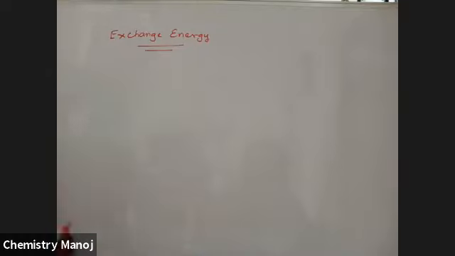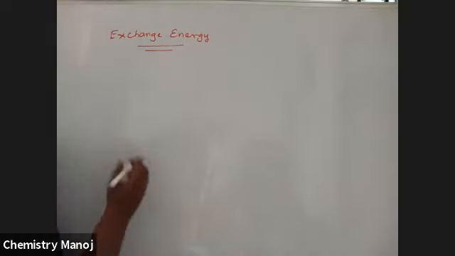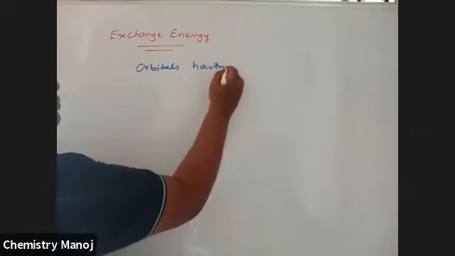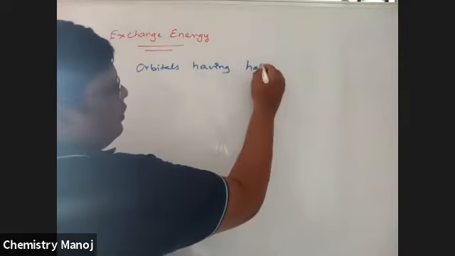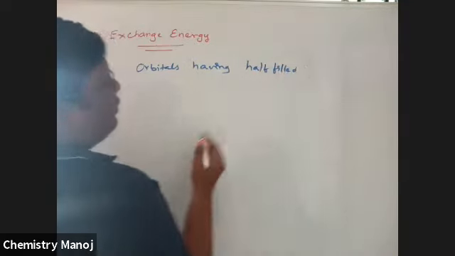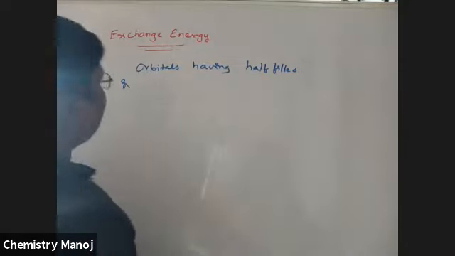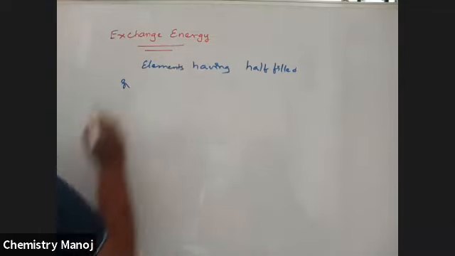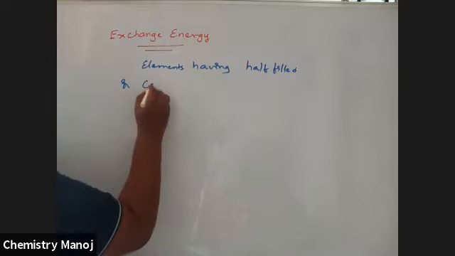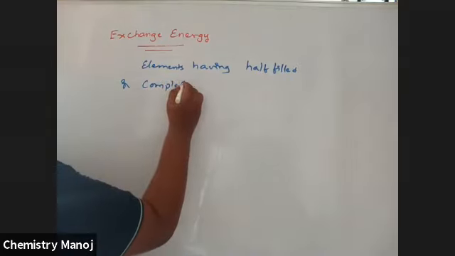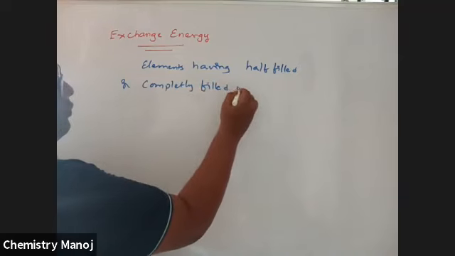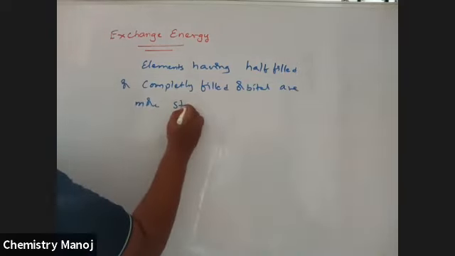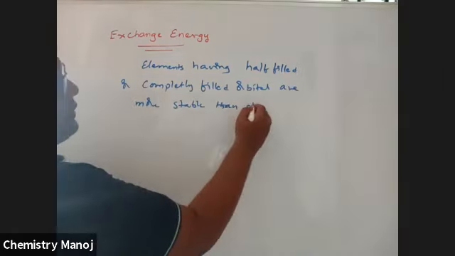See here, elements having half-filled or completely filled orbitals are more stable than others.